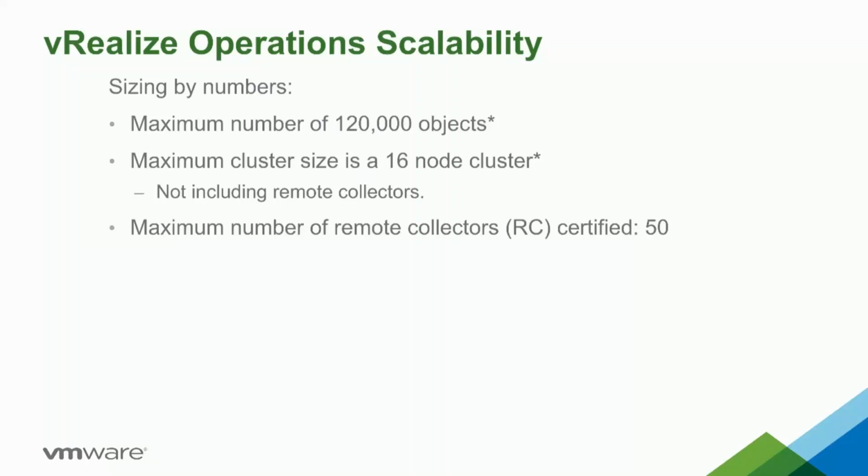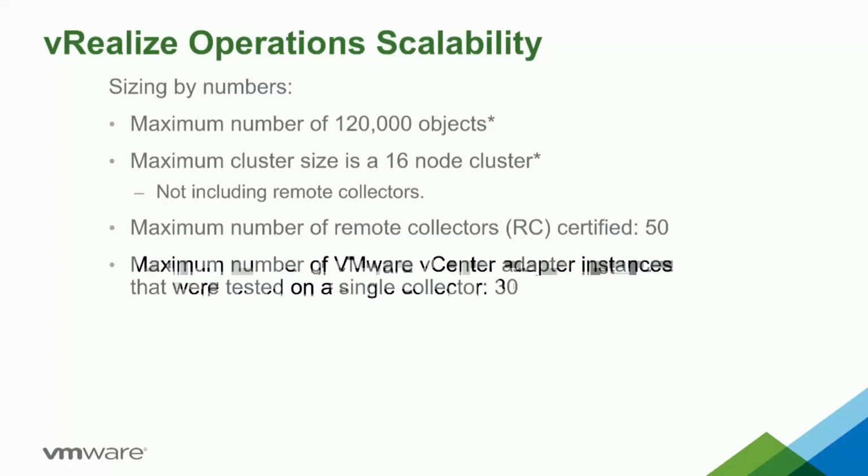The maximum number of VMware vCenter adapter instances that were tested on a single collector is 30. So we just want to make sure that we're not trying to collect from more than 30 vCenters in a single node environment. Maximum number of vCenter adapter instances total for a cluster has only been tested to 50.